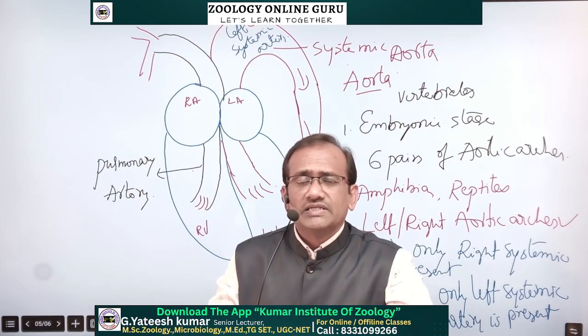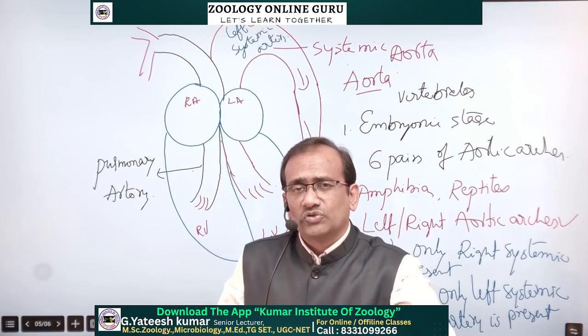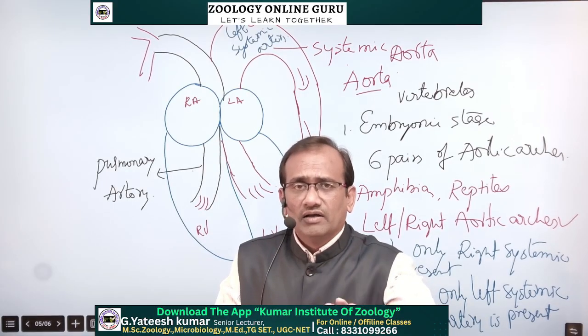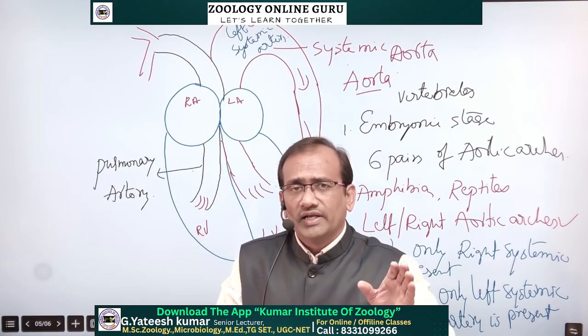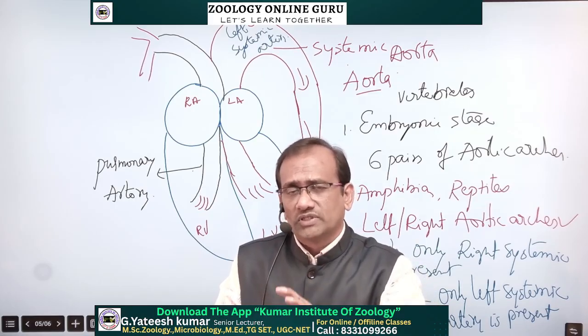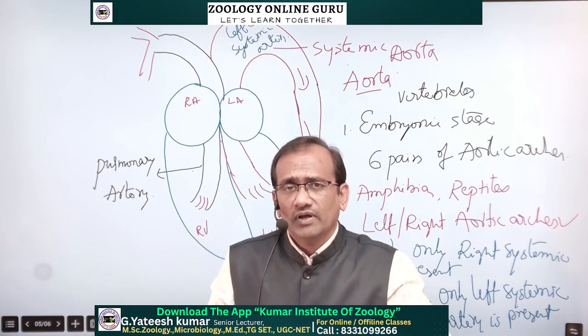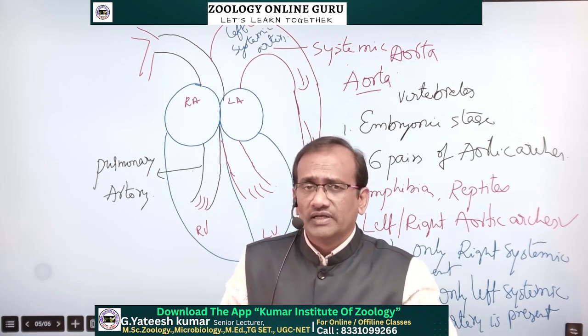So we discussed in this class the internal structure of the heart, the four chamber heart: right atrium and left atrium, right ventricle and left ventricle. The right side two chambers, atria and ventricles, are somewhat larger compared to the left one. Why is the left ventricle smaller?